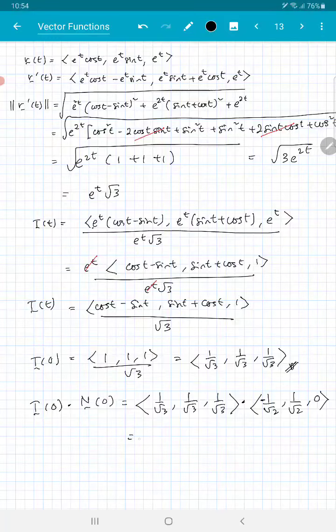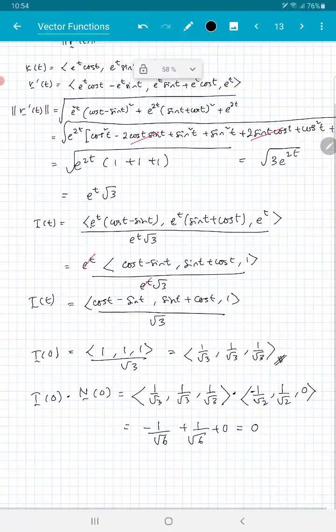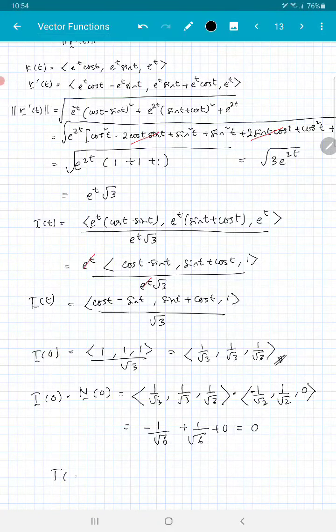From here this is equal to negative 1 over square root of 6 plus 1 over square root of 6 plus 0, which is equal to 0. So you can see that the unit tangent vector and unit normal vector are perpendicular to each other, because their dot product is 0.